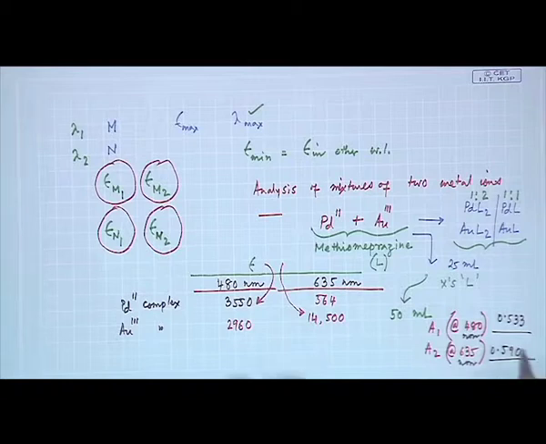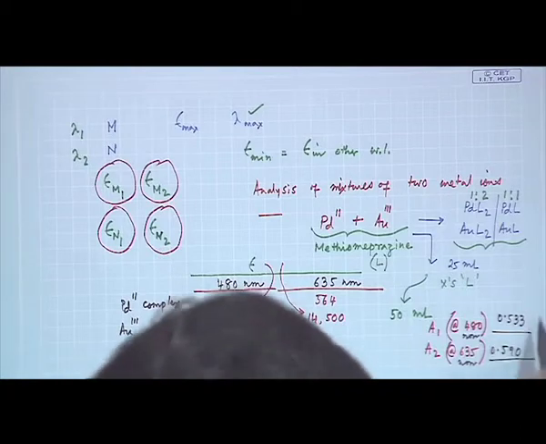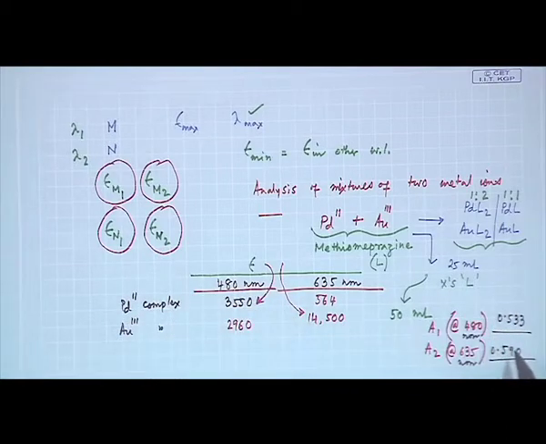So, what we see now is that the absorbance values A1 and A2 can be measured. These two are the data in our hand, and by applying the equation for these mixtures, we can have two equations.